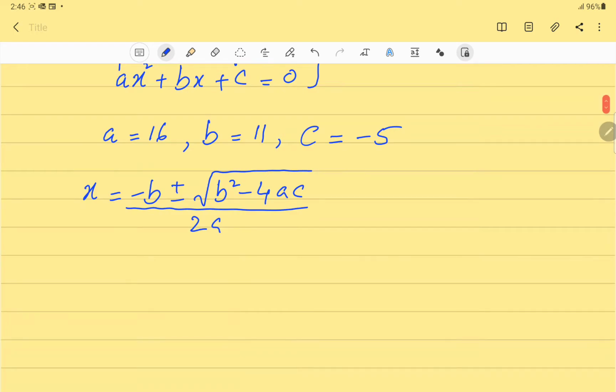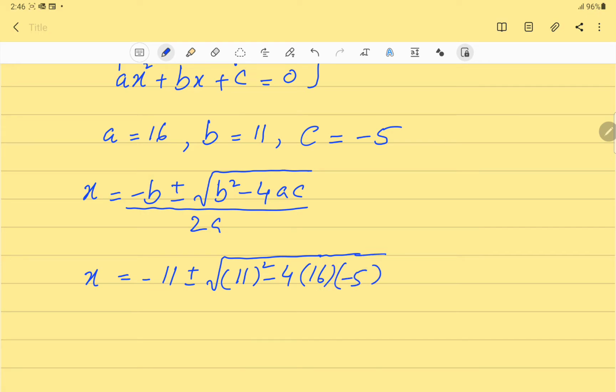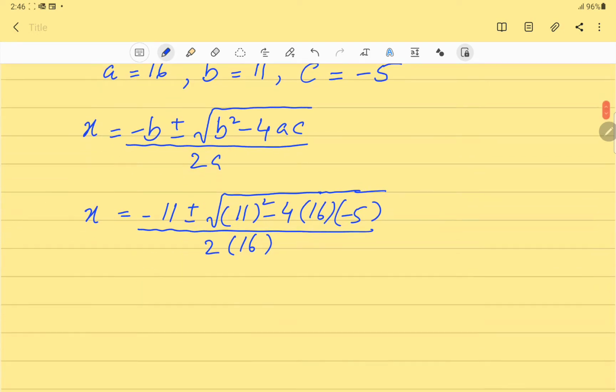Now we will substitute the values of a, b and c in this formula. So x is equal to minus 11 plus minus square root of square of 11 minus 4 into 16 into minus 5, over 2 into 16.